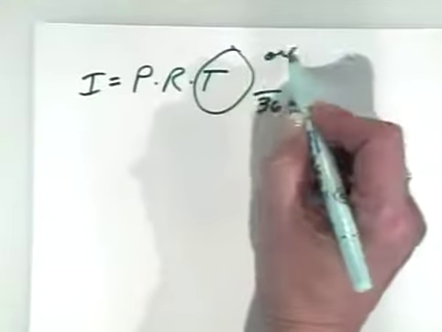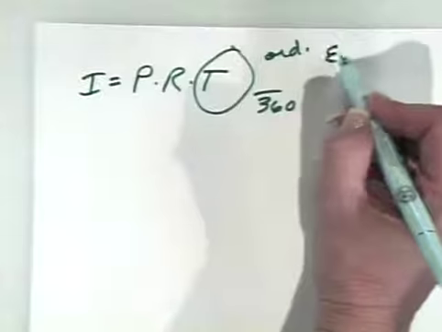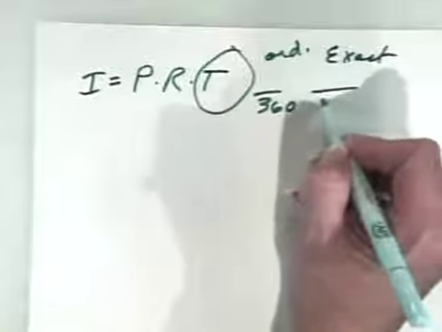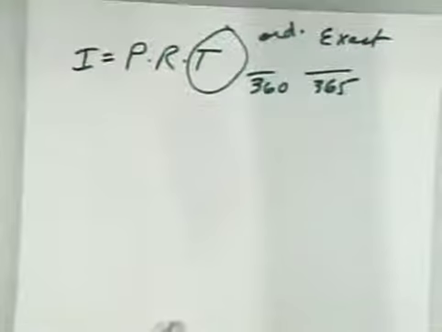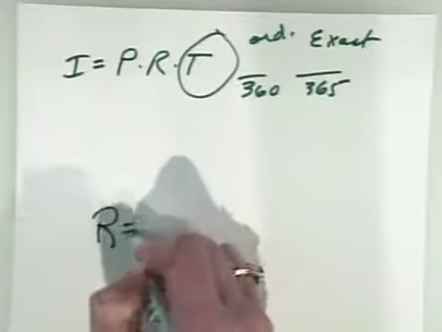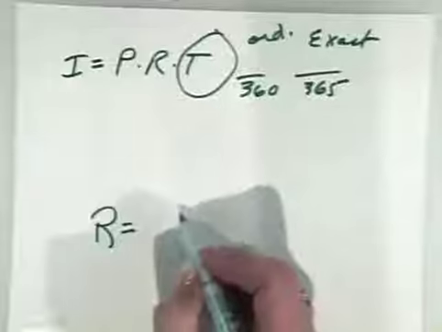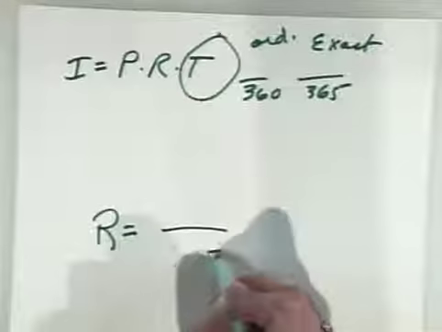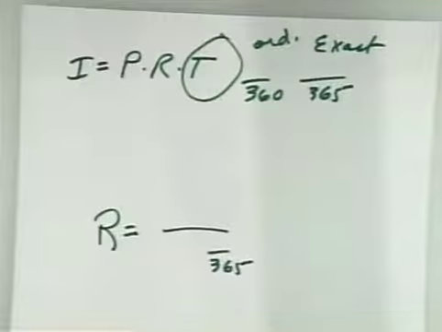This would be ordinary. Are you with me? In the first calculation. If it's exact, this will be 365. But when we come to do an R, when we do time, it's always 365 for R, because that's to come up with the APR. And I didn't make that very clear to begin with. Did I clear up the muddy water?